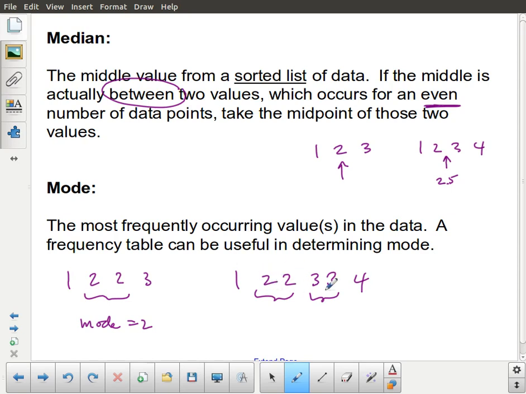There are 2 2s and there are 2 3s. So in this case, the mode would be equal to 2 or 3, or I guess we would say 2 and 3 are the mode of this data. They're both equally most frequent.